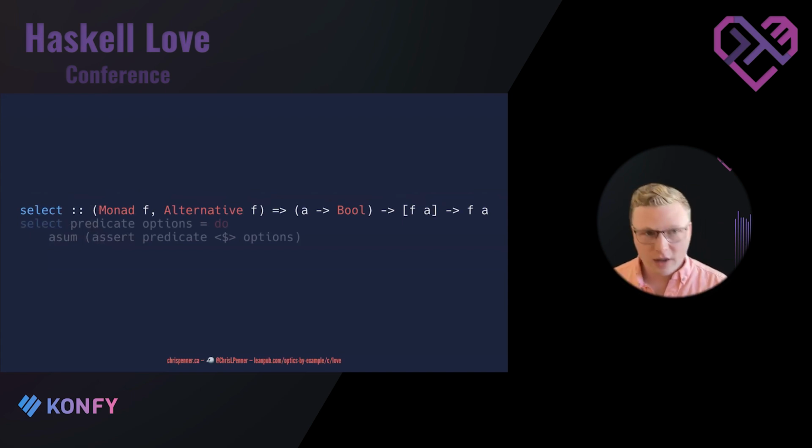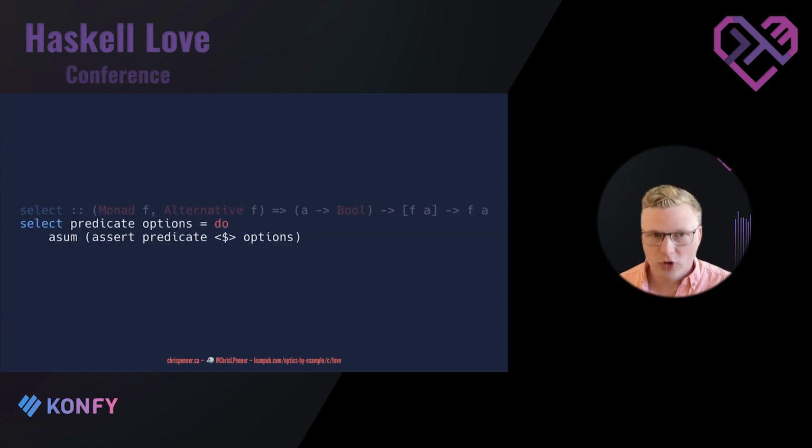Well, we can actually define another higher level combinator on top of it. And we can say, okay, I'm going to define this select primitive. So this takes the same predicate that we just defined, and it takes a list of actions. And what it's going to do is apply that predicate across all of these actions, which may succeed, may fail. And then we're going to return whichever succeeds according to our alternative.